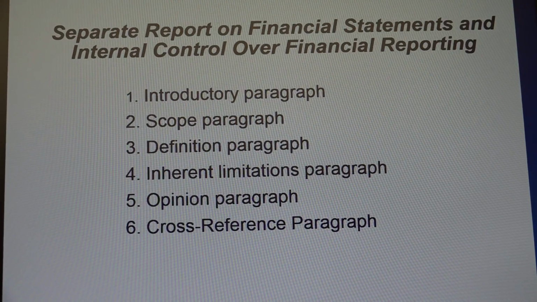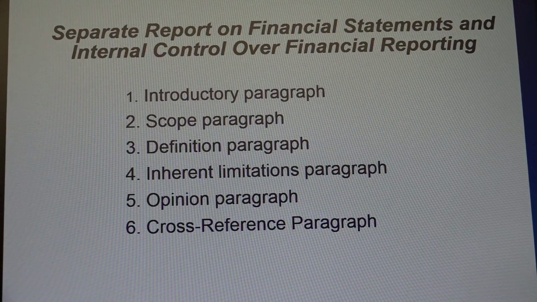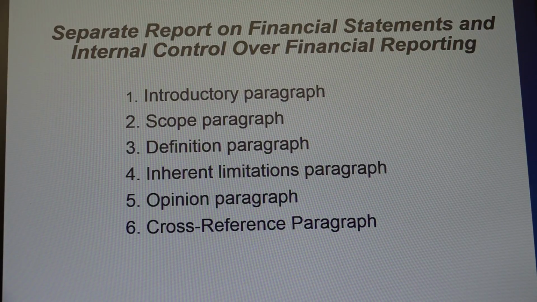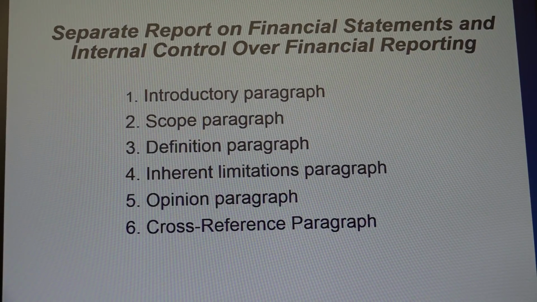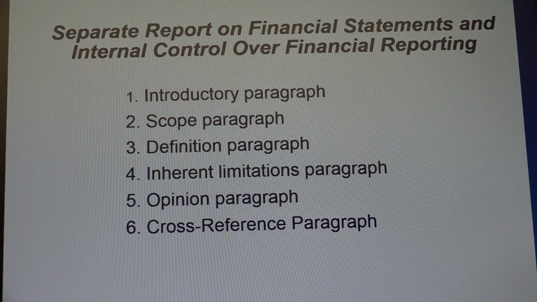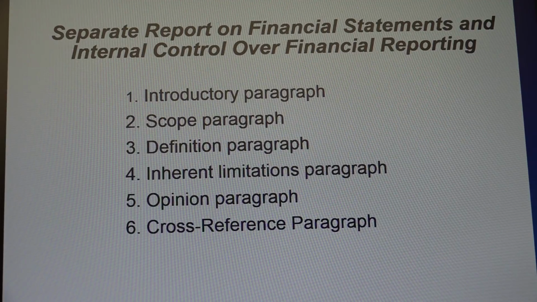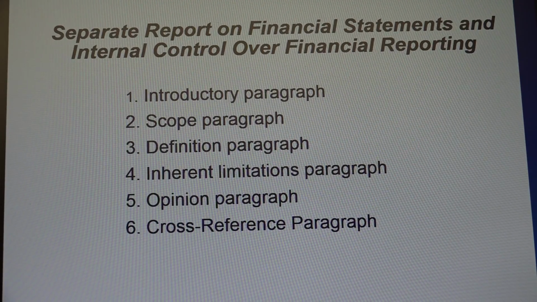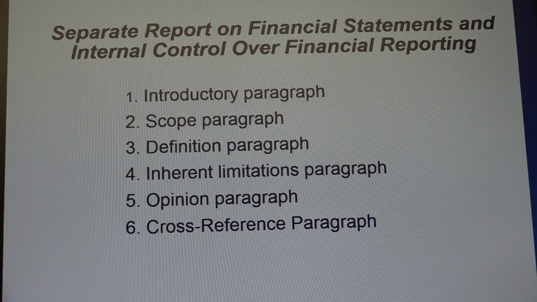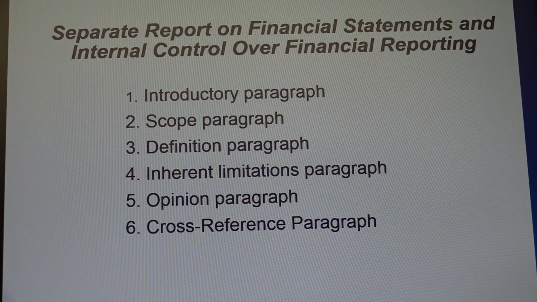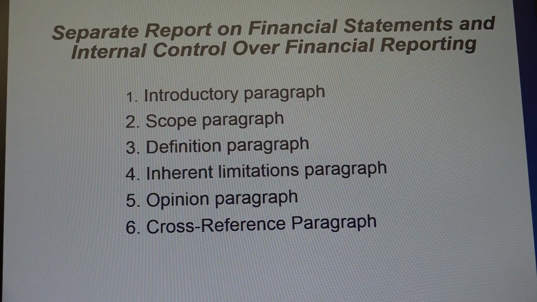You still have your introductory paragraph, your scope, definition, inherent limits, things like that. The big difference is that you're going to have an opinion not only on whether the financial statements are fairly stated, but also on whether internal controls are adequate. And that's kind of a minimum requirement, by the way.